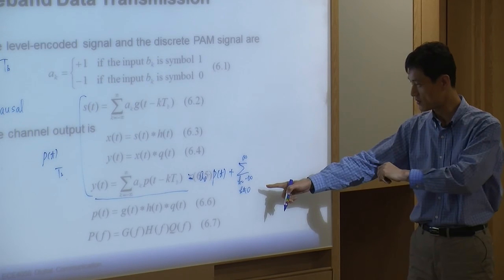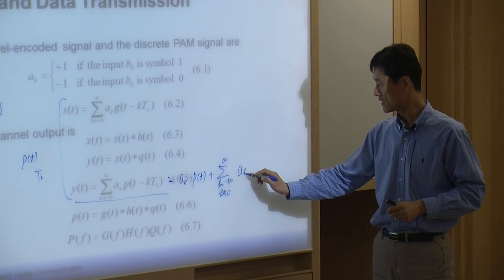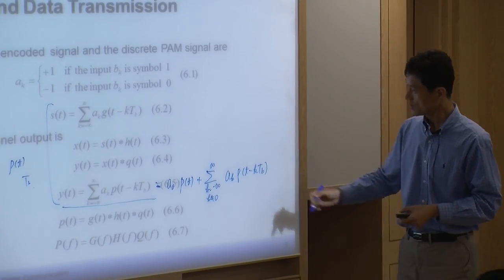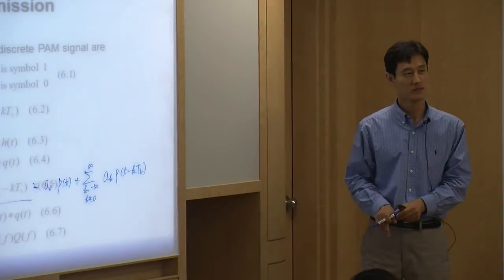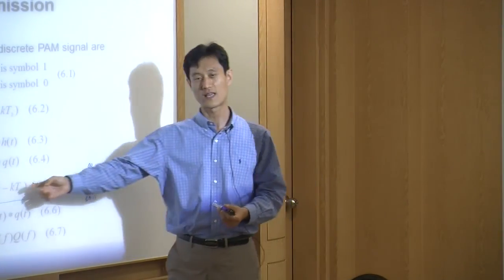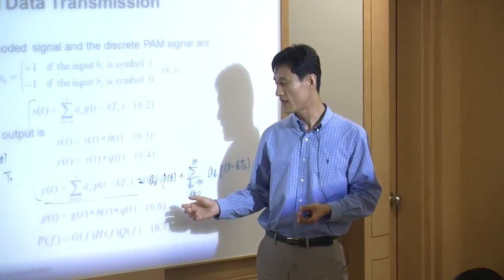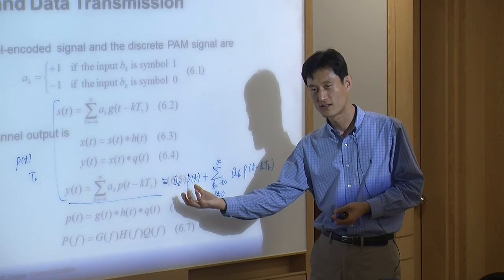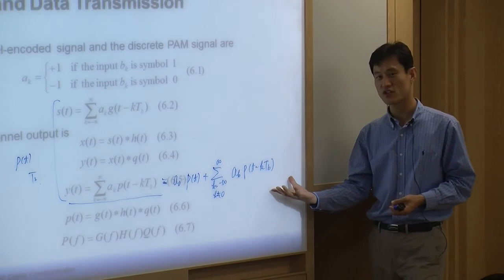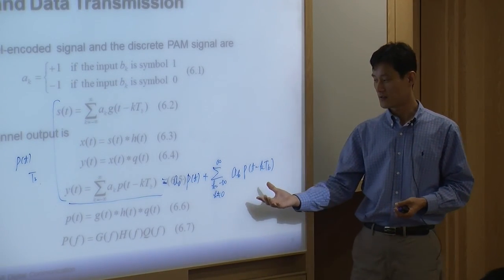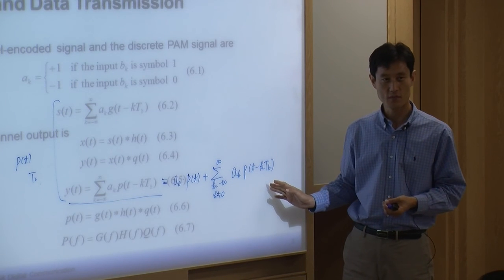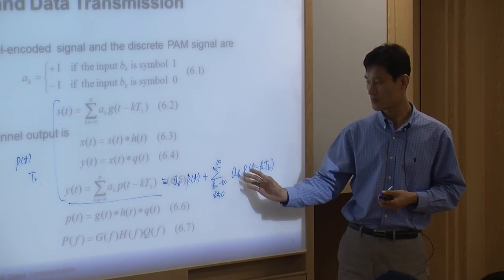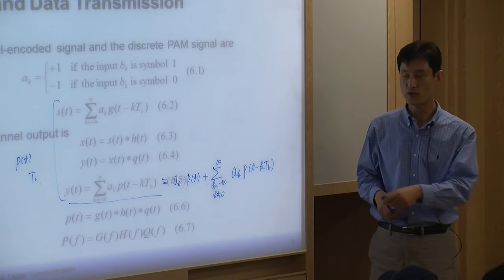So remove the 0 here. And then Ak P(t minus kTB). We can write it this way, right? So this equation is the same. What I do is just separate the term when k equals 0 out. And the remaining summation has all the other terms but k equal to 0. Okay, the k equal to 0 term is out separately. Why do you want to do this?